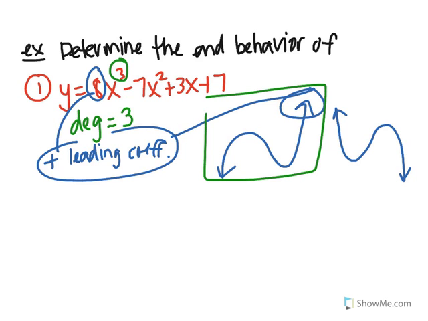Then we just have to state the end behavior of that graph. This is just a generic graph, but all we need is the end behavior. So as x gets bigger, or as x approaches infinity, our y values also approach infinity. As x approaches negative infinity, our y values approach negative infinity. And that would describe the end behavior.